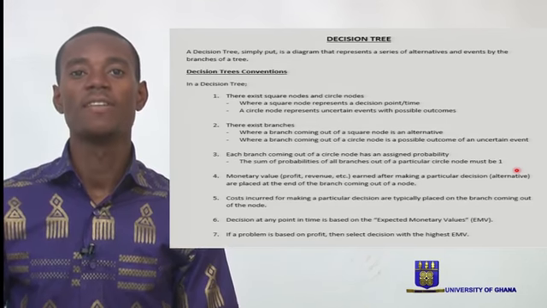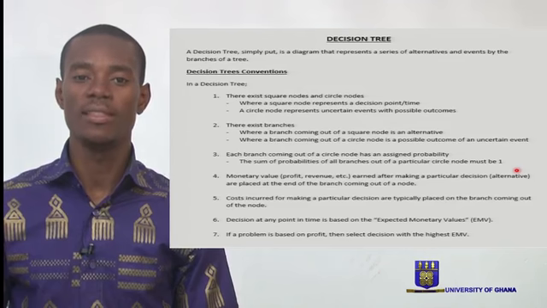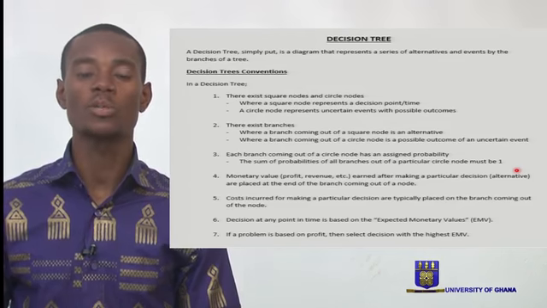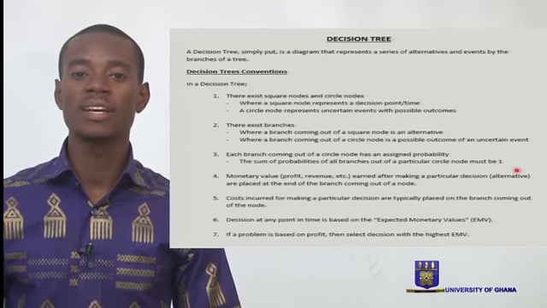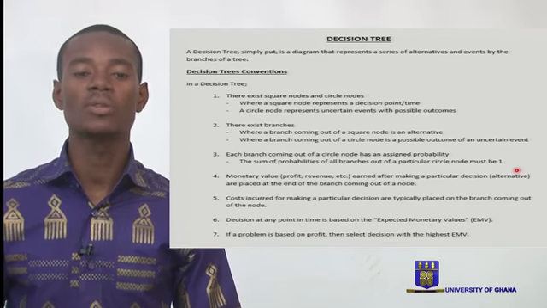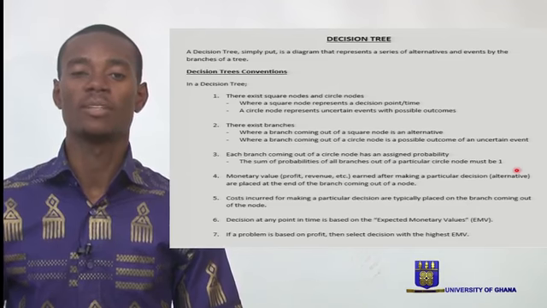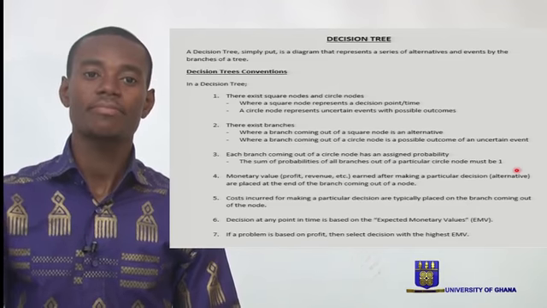If we have a circular node and a number of options we are evaluating there, the probabilities attached to all the possible outcomes in total must add up to 1.